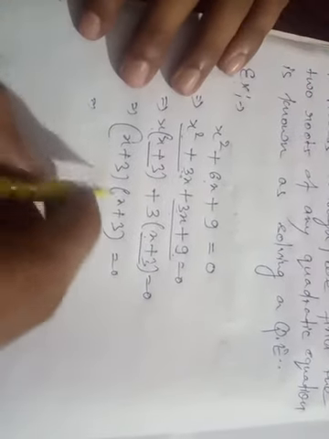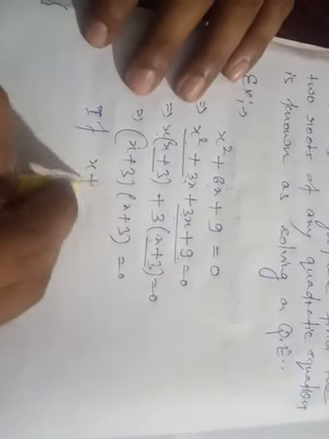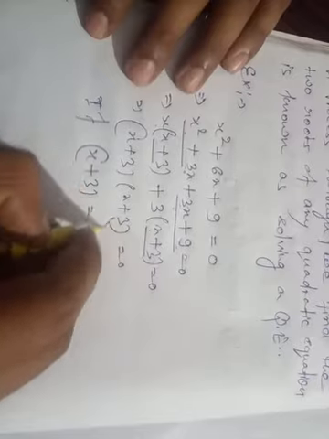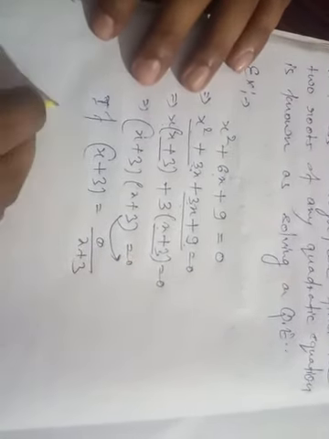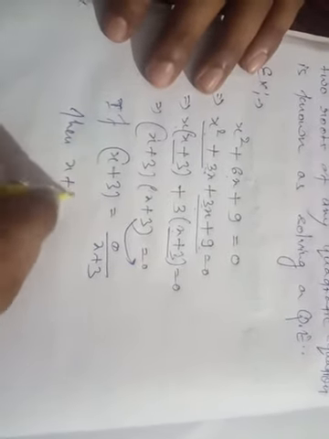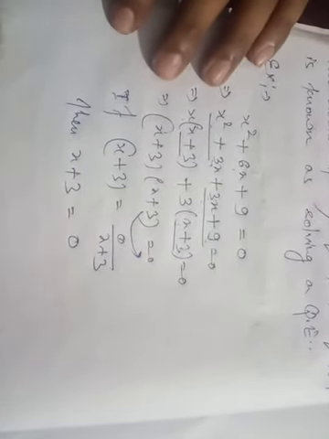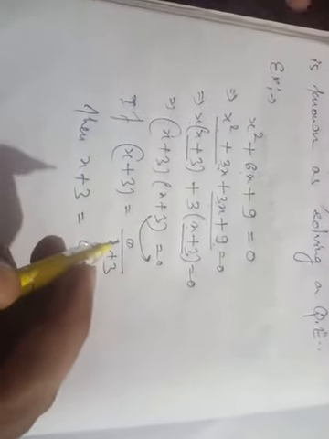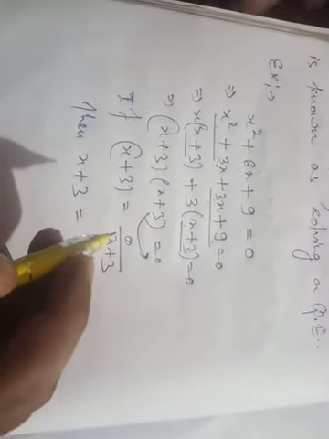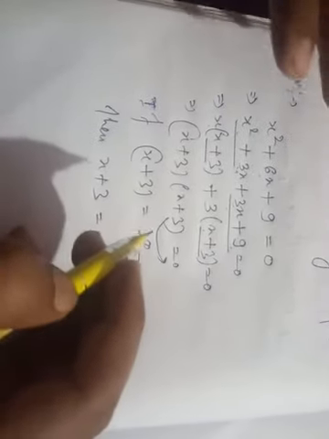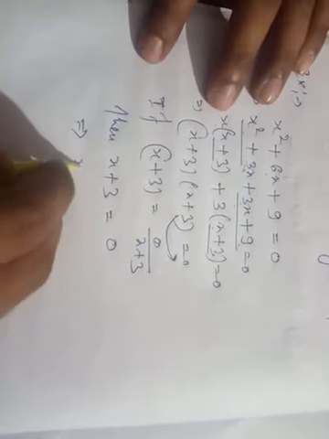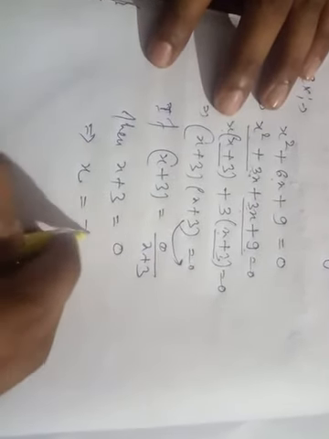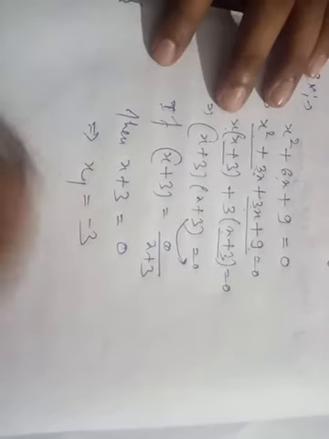So that means if x plus 3 is equal to 0, then x will be equal to minus 3. So this is the first root. I can even call it x1.